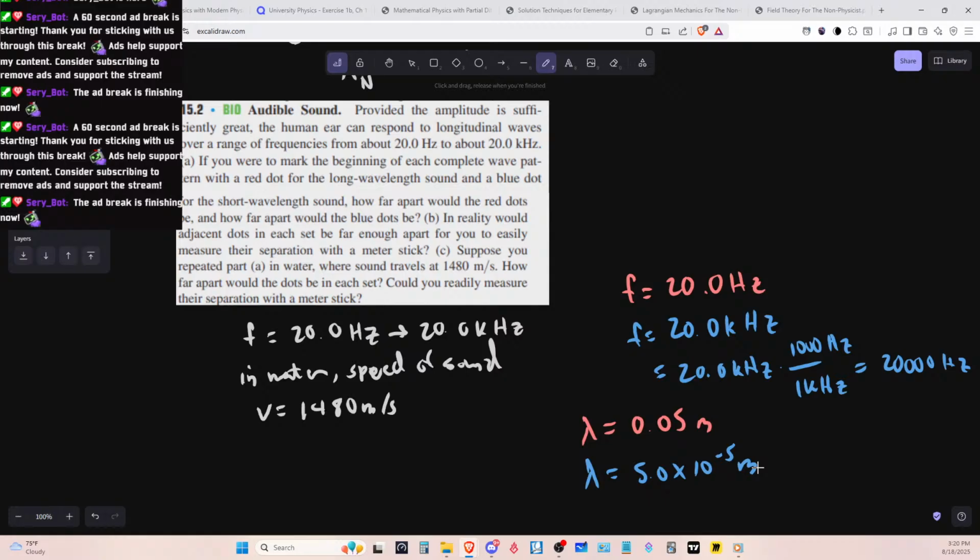How far apart would the red dots be, and how far apart would the blue dots be? I mean, minus this from this.